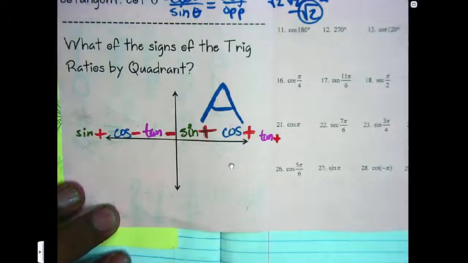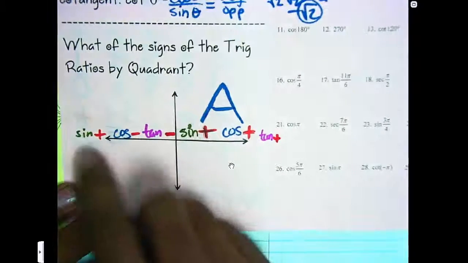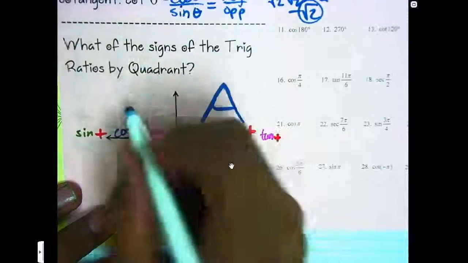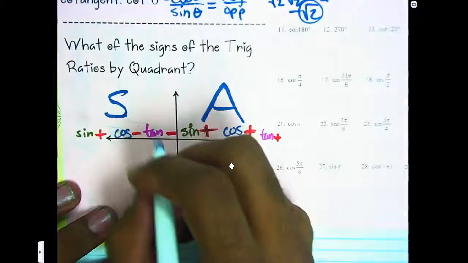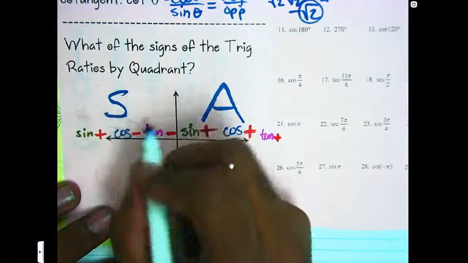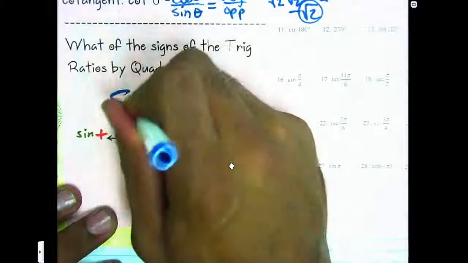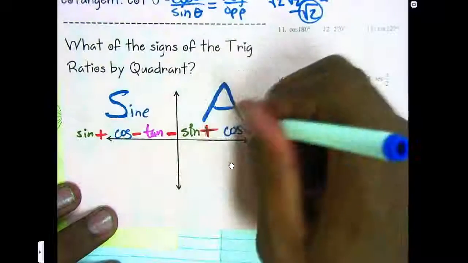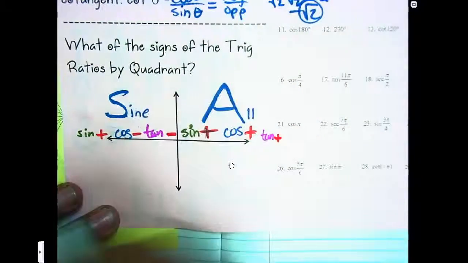So the only one that is positive over here is sine. So what we say is that sine is always positive in this quadrant. Everything else is always negative. Okay, so sine is always positive, and A stands for all.